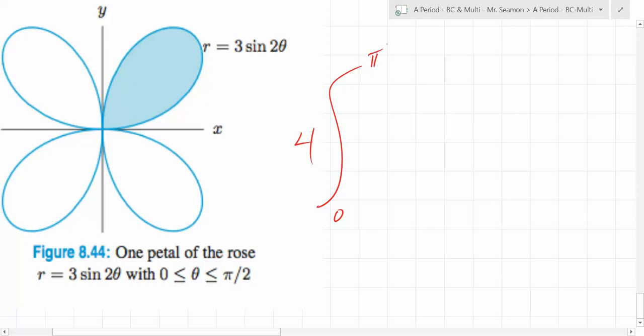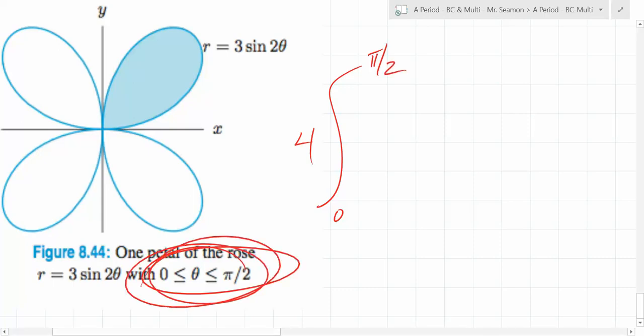How many petals are there? 4. So do you need to integrate across all 4 of them? You could if you wanted to, but you don't have to. You could do one of them, so it's going to be 4 times 0 to what? Pi over 2. It tells you right here. It tells you one of the petals is 0 to pi over 2.